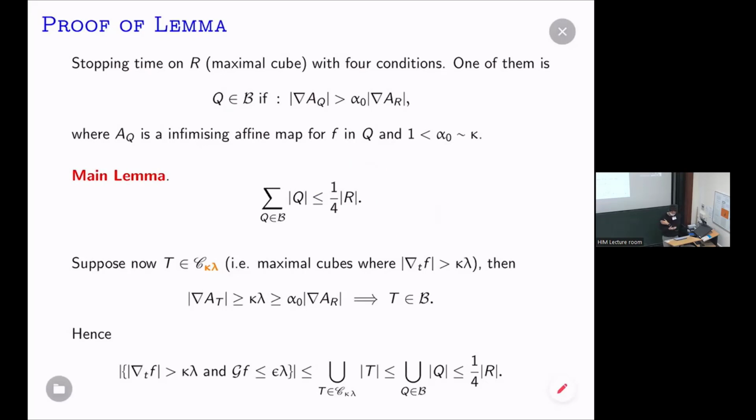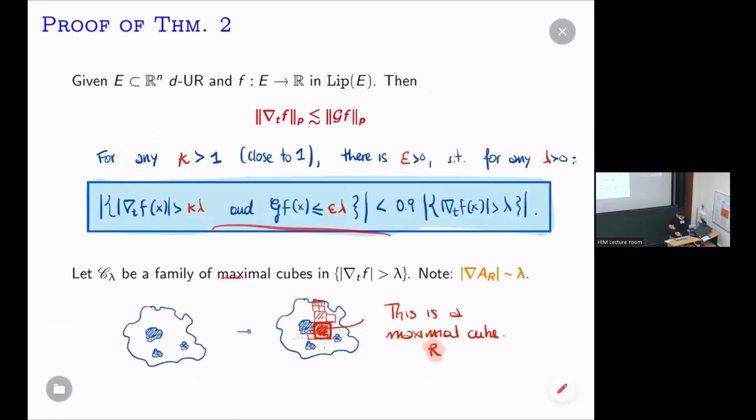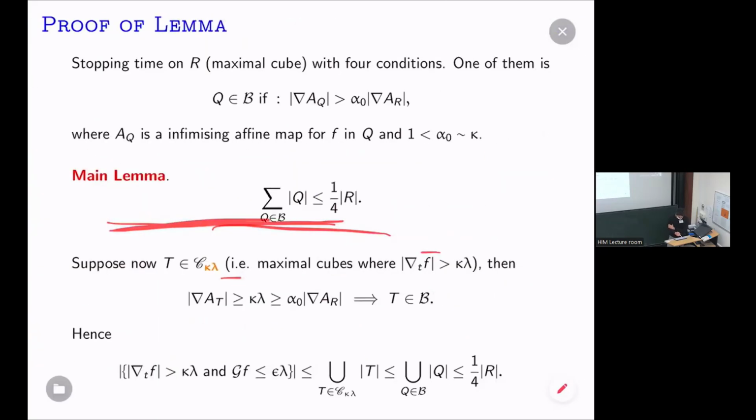But now suppose that we have this packing condition, and now recall that we want to estimate the measure of this set. Suppose now T is another maximal cube in the same sense as before, but now of this set where the gradient is large. Okay, so let's see this computation.